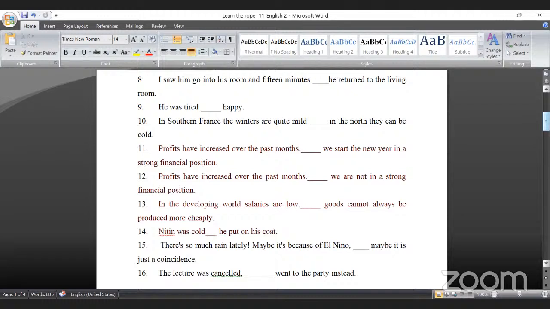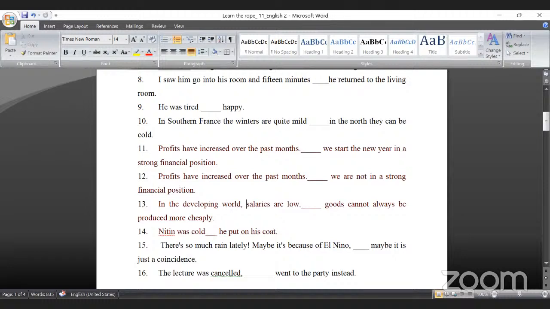13th, yes. In the developing world, salaries are, so what is this? In the developing world, there should have been a comma: in the developing world, salaries are low. There's a full stop again. Then goods cannot always be produced more cheaply. In the developing world, salaries are low.